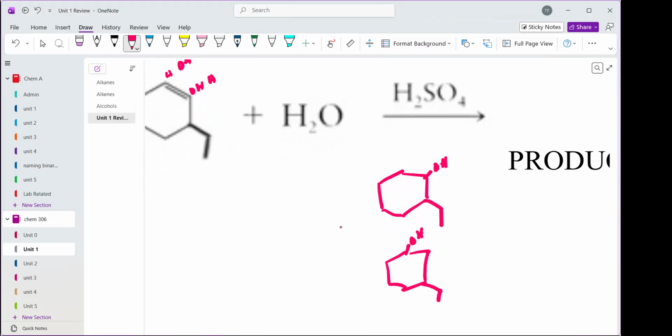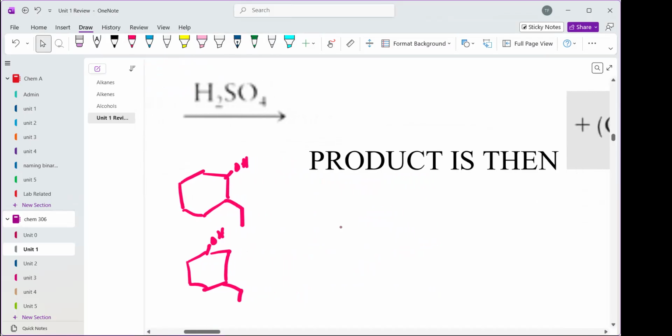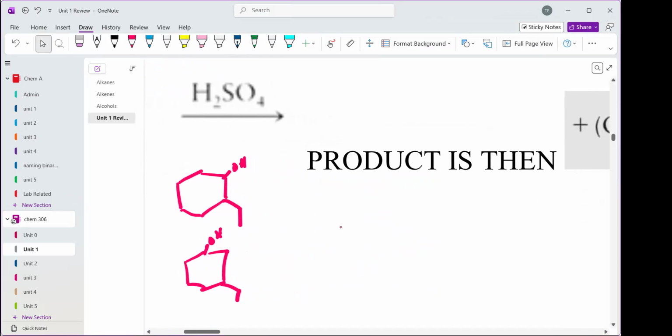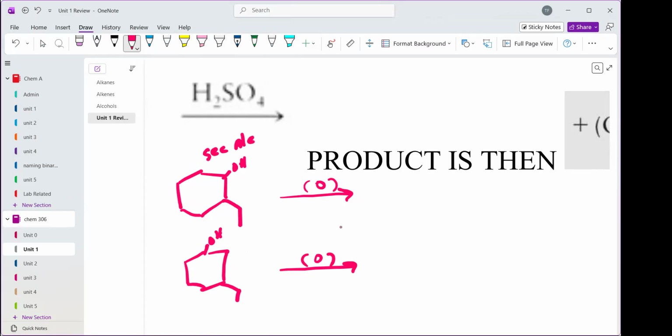Okay, now we're going to oxidize these guys. Now, because we have a mix, we're going to end up with a mixture at the very end because each one of these is going to be oxidized and it's going to end up with a different product. Now, this is a secondary alcohol.